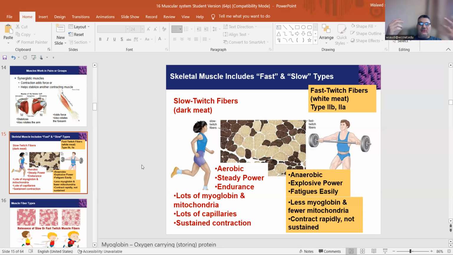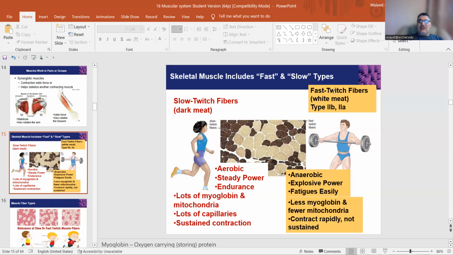It's doing the same function. It is just extra storage of oxygen in the muscles because we don't know if you always have enough oxygen or not. So we're making sure that you get enough. So it's myoglobin. This slide is very, very important. You have to know all these details about the fibers.